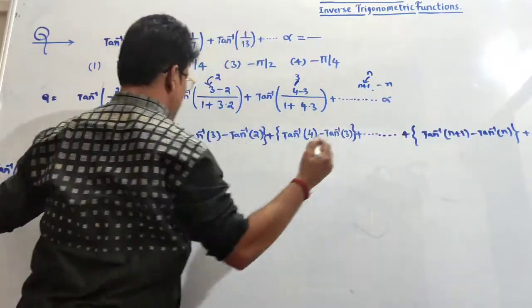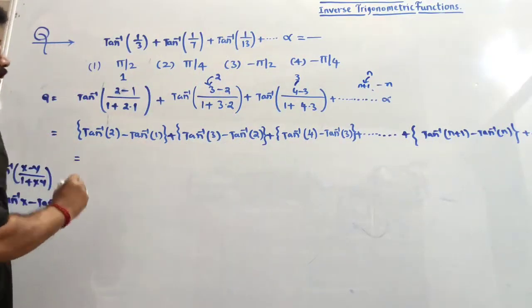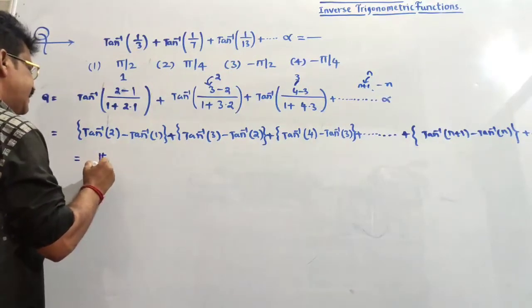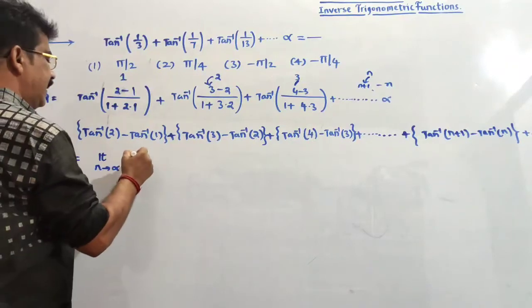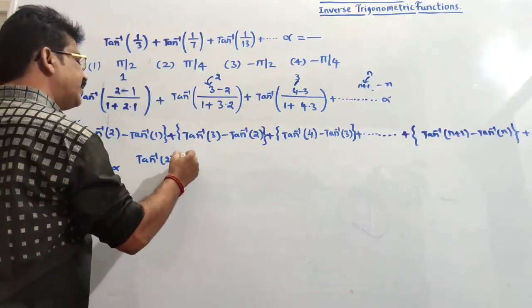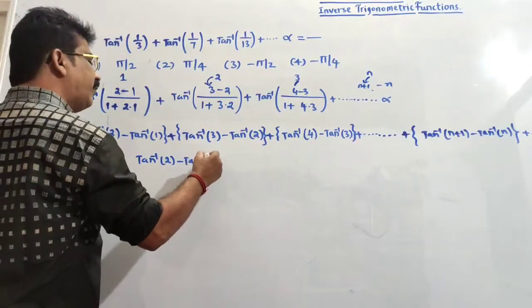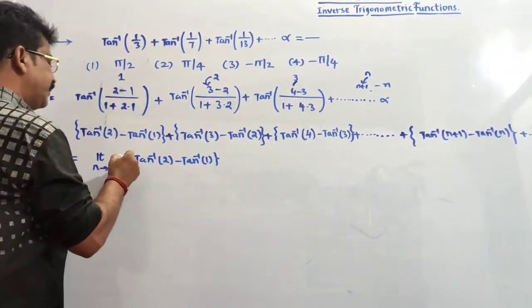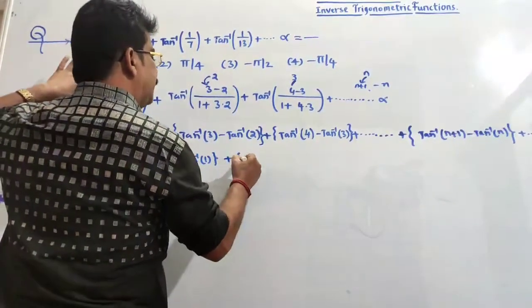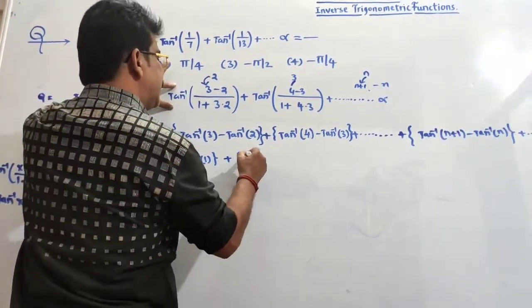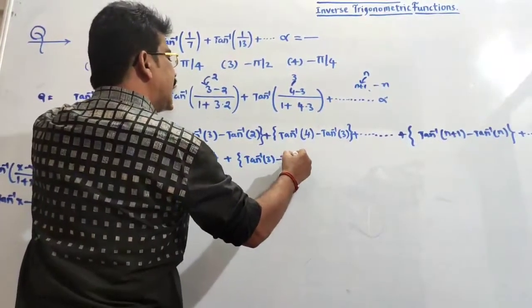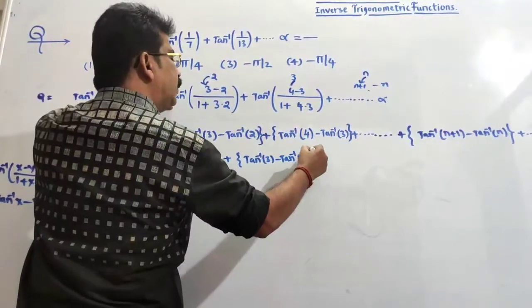I wrote the same. So that is equal to limit n tends to infinity of tan inverse of 2 minus tan inverse of 1, this is about the first term. Next, plus tan inverse of 3 minus tan inverse of 2.